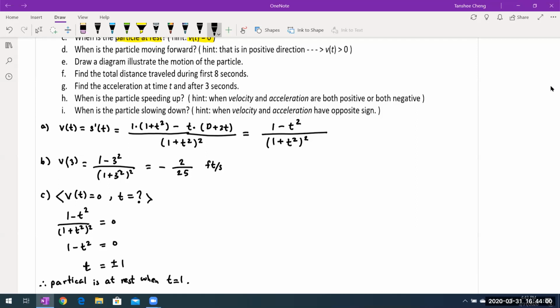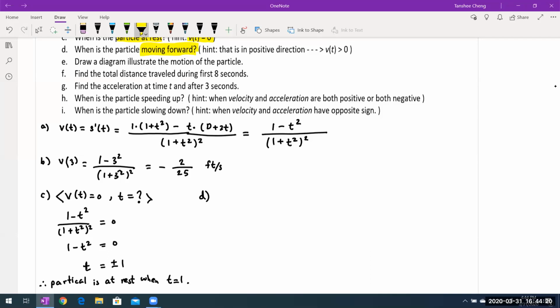Now, the next question, part D, is asking us, when is the particle moving forward? So what does moving forward basically mean? How do we know it's moving forward?